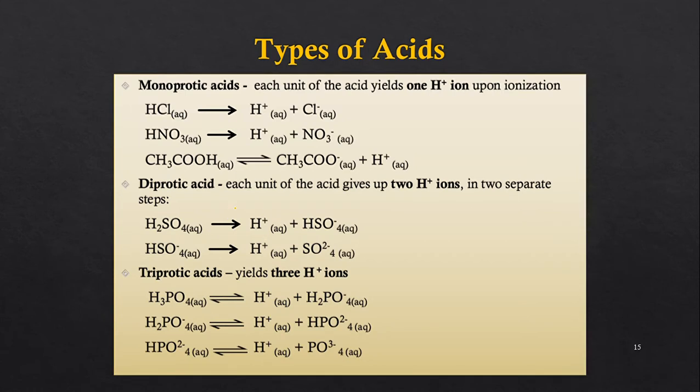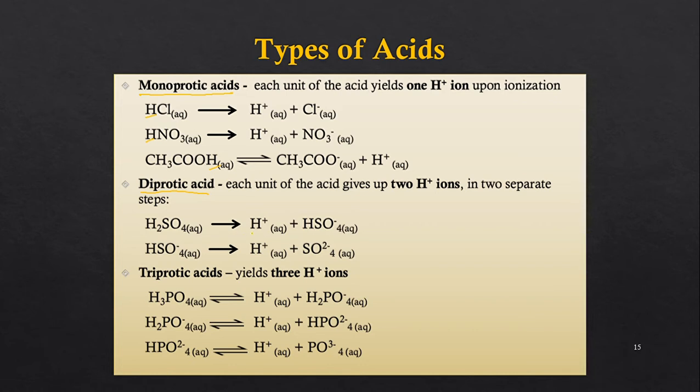So, meron pa tayong ibang mga types ng acids. We can classify acids as monoprotic. Ibig sabihin, isa lang yung proton na kaya nilang ibigay. Pwede rin diprotic. Ibig sabihin, each unit of the acid gives 2 hydrogen ions in 2 separate steps. So, halimbawa, ito yung sa sulfuric acid.